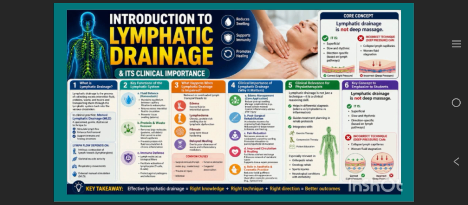Next is the clinical importance of lymphatic drainage. Why does it matter? Firstly, edema management.